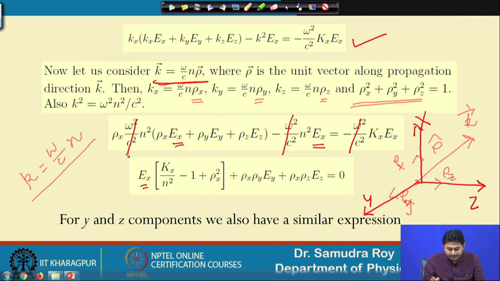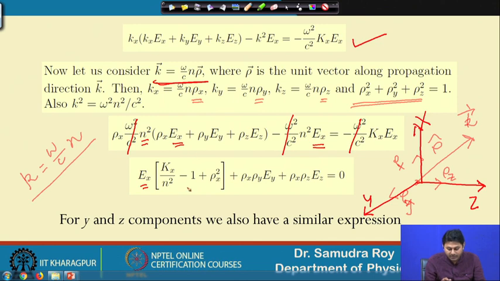Then E x is common, and it will be E x times rho x square, and from here we have 1 minus n square, and from here we have 1 by K x, and here also 1 by n square is sitting. So, when we divide the entire thing by n square, there will be 1 by n square by this, and minus 1.